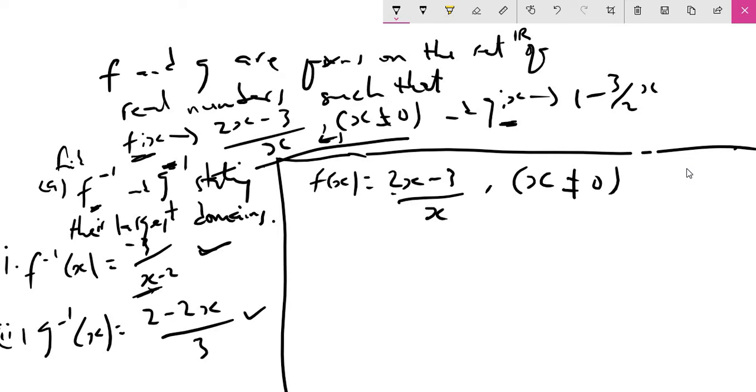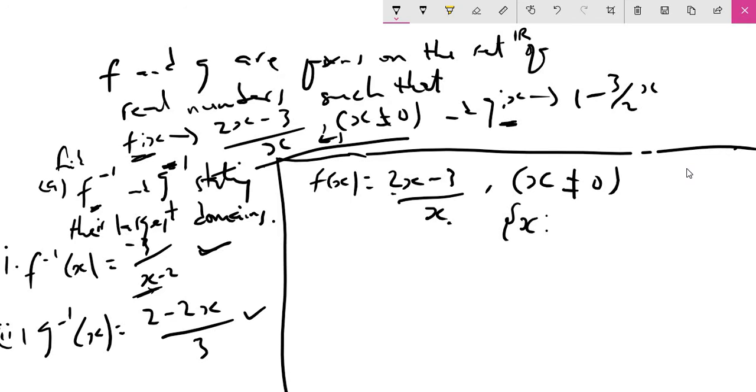Okay. So if x cannot be 0, what values can it be? Well, it can actually be any other value, any value in the real numbers.